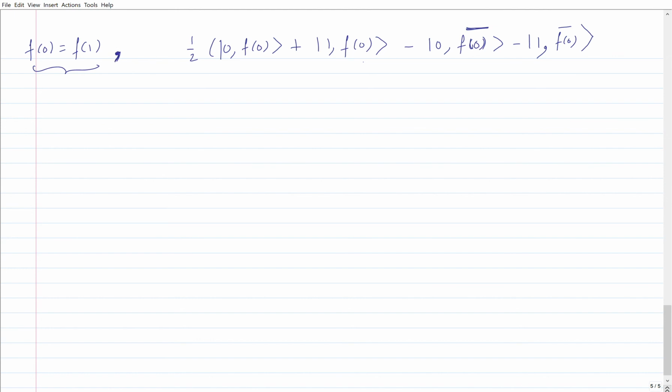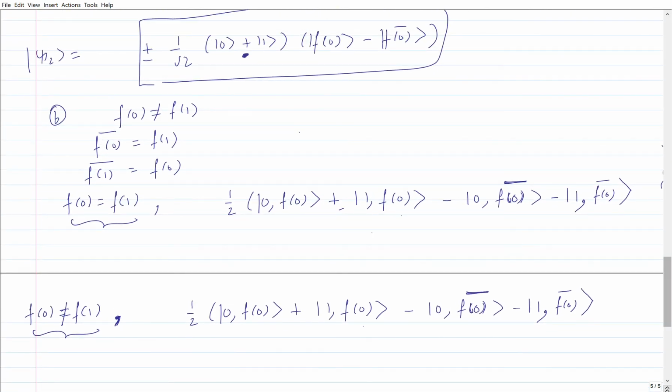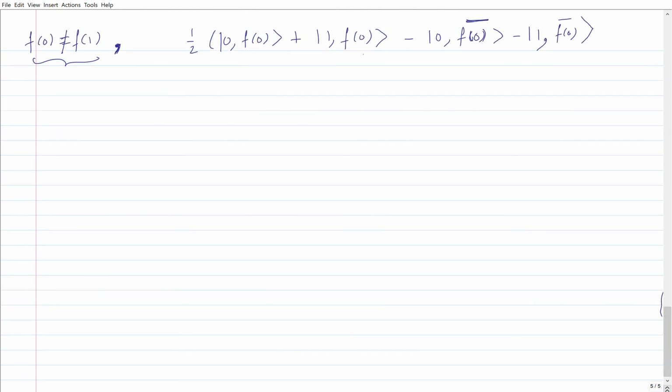Sorry, this was a balanced function now. So what does it evaluate to now? For a balanced function, this would evaluate to, let's say, I'm just going to write the factors.